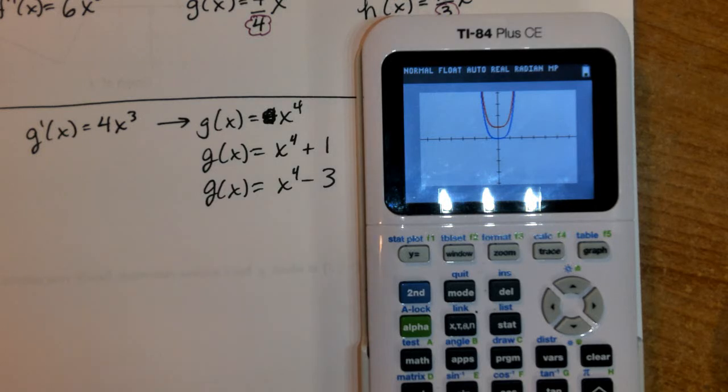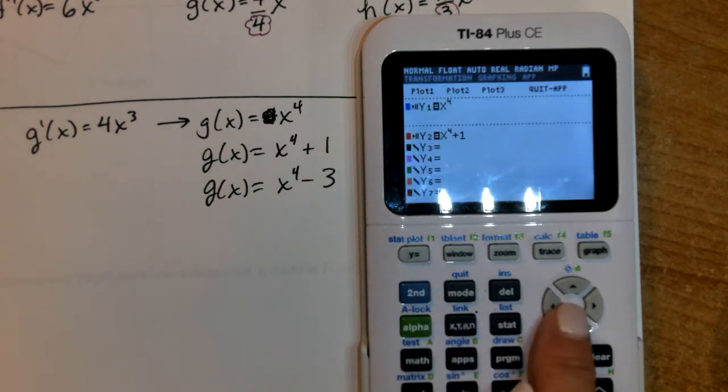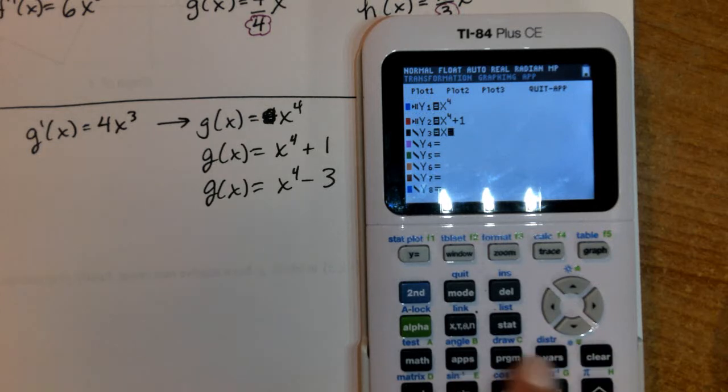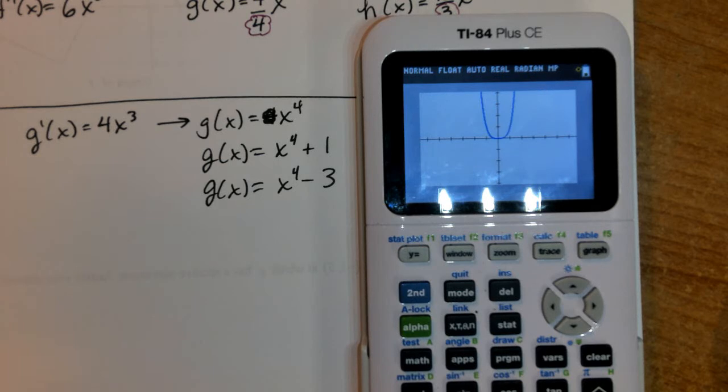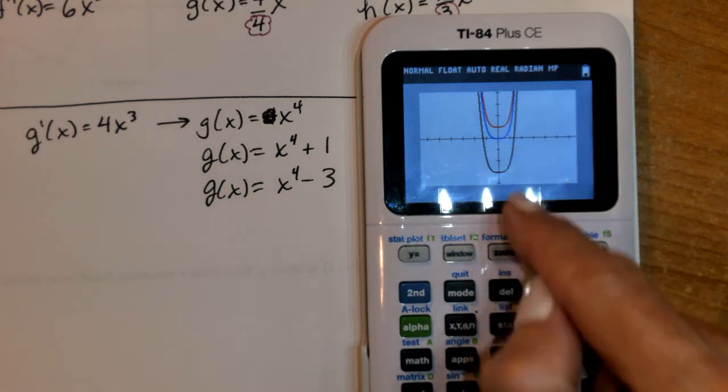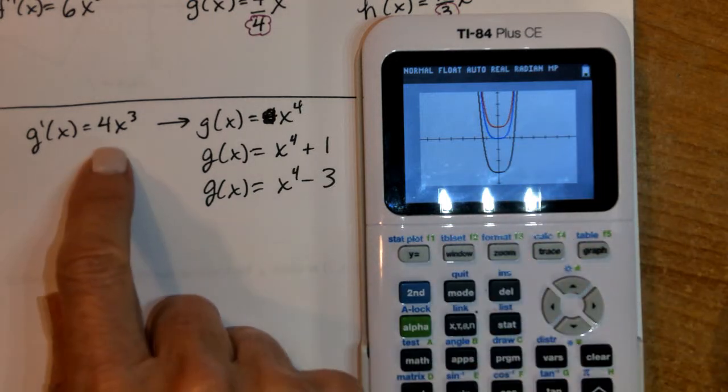There's x to the fourth plus 1. What about x to the fourth minus 3? X to the fourth plus 1, x to the fourth minus 3. You can clearly see what's going on here. So it's just a shift, right, in the vertical direction. Every one of these has the same derivative.